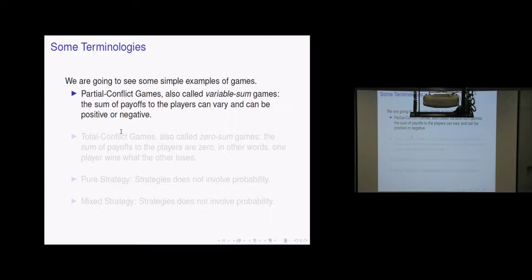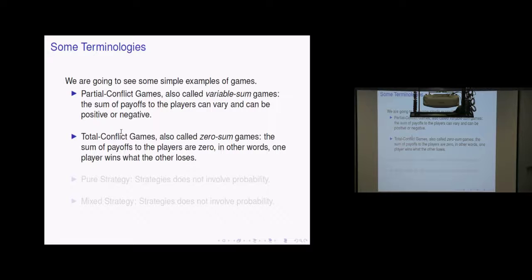Some games are called partial conflict games, and this is in contrast with total conflict games. Maybe let's start from the total conflict game. This is the zero-sum game, right? It means the sum of the payoffs is zero.